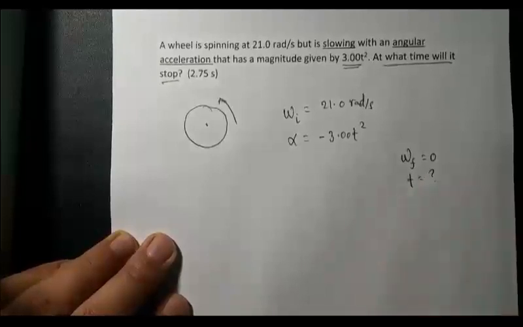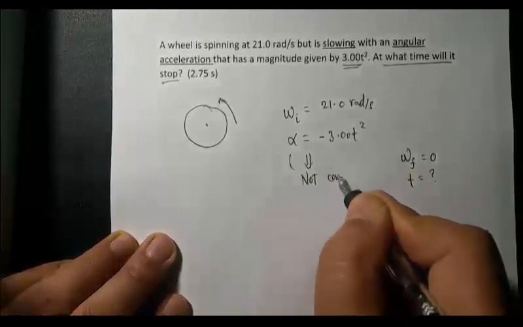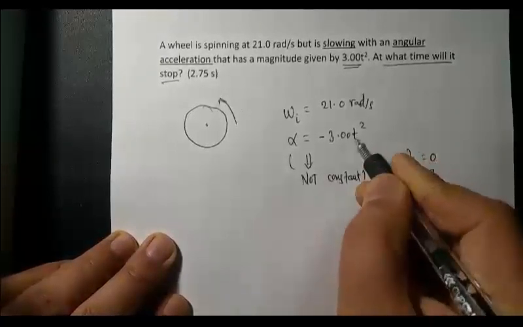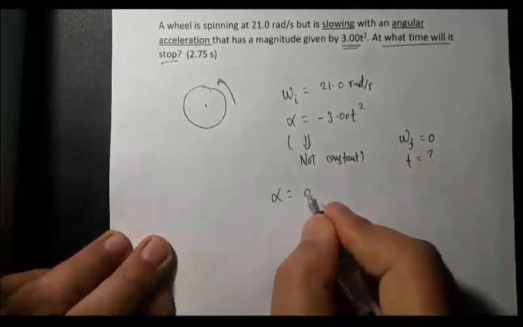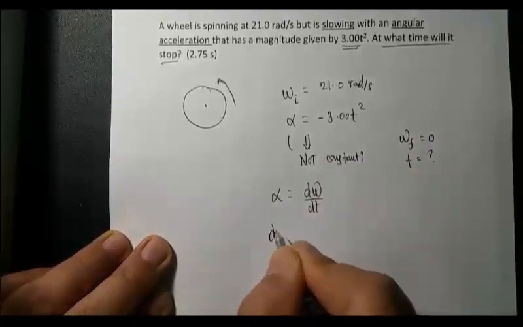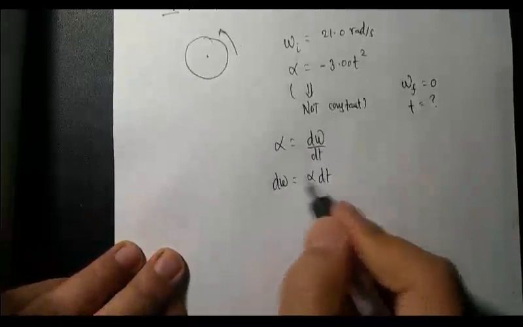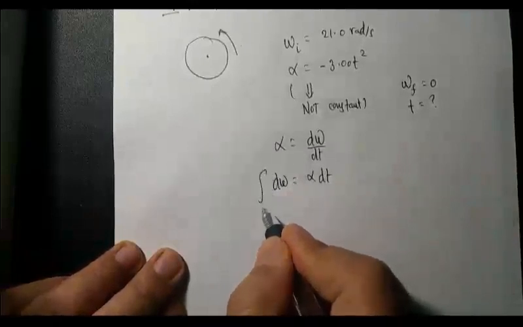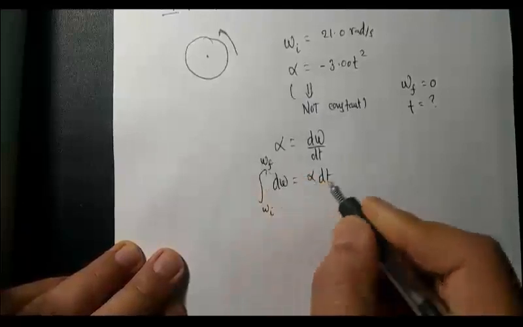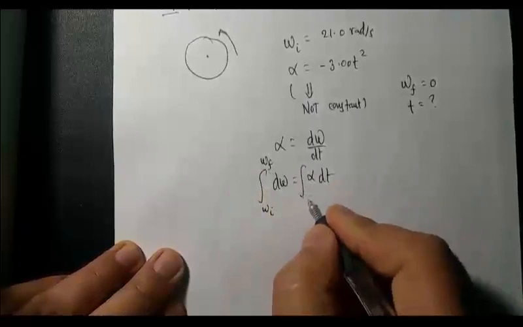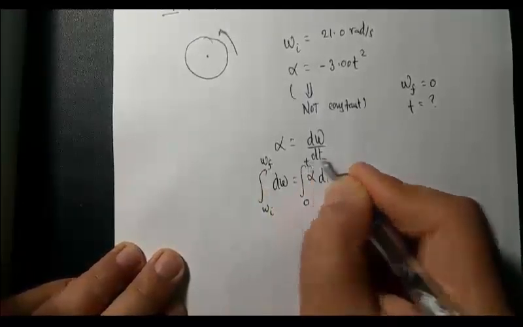But since alpha is not constant, it's time dependent, so you'll have to use calculus to find omega. Remember, alpha is d omega over dt, so d omega is alpha dt. You just need to integrate that, from some initial angular velocity to the final angular velocity, which is 0, and over time from 0 to some unknown time t, which we are solving for.